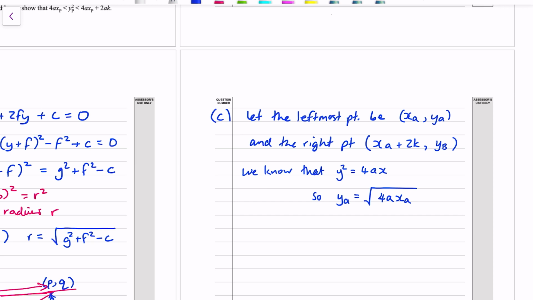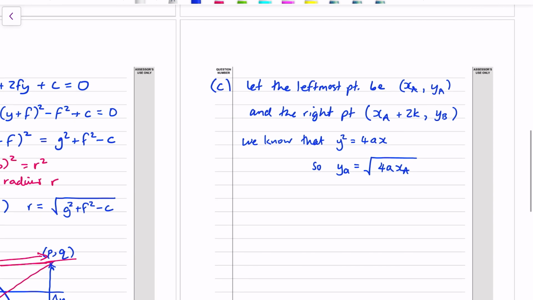The subscript notation is going to get confusing because there's an a in the parabola equation. Maybe I'll change to capital. Okay, that makes it a little bit clearer. Yeah, and of course I could square root that 4 if I wanted to 2, but that's the only thing that would tidy up. We also know that the yb value is the square root of 4a times xa plus 2k. And so I've got my coordinates.